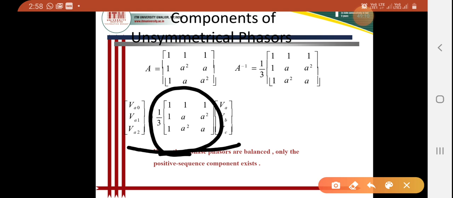At the time of a fault, when unbalanced current flows, we have to express the unbalanced currents in terms of symmetrical component analysis of current, in our coming class. I have to stop here. Go and practice. Thank you very much.